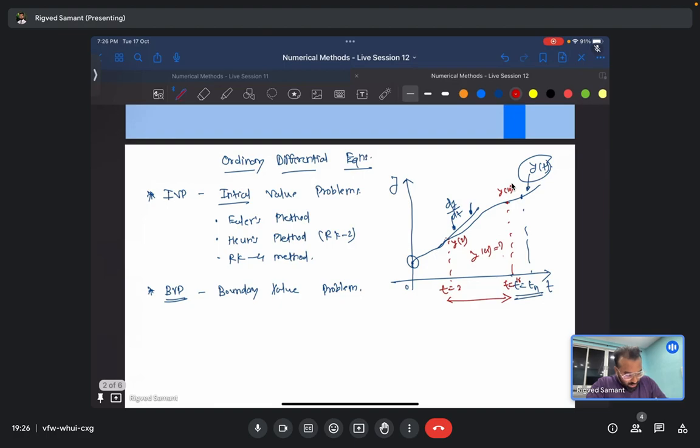So it is a bounded problem, and you have to meet two conditions. Because of that, the method of solving it becomes very different from solving an initial value problem. So we will look into how to solve these boundary value problems with the help of numerical methods.